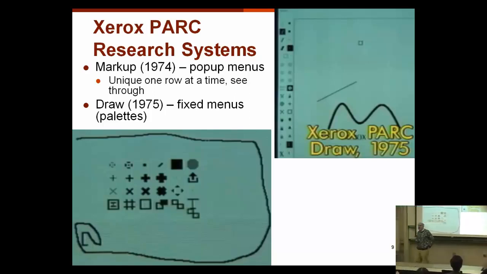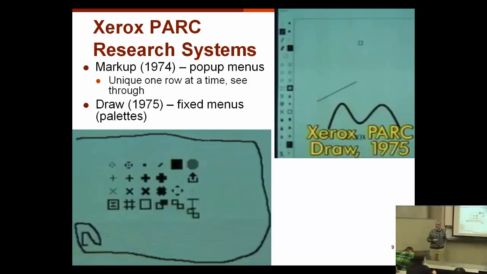And hopefully the item that you wanted was on that row, and if not, then you move up and down to get more rows of content. So you kind of have to fish around to see if you could find the kind of icon you wanted. And if there was some drawing behind, you could see through this menu. So these items were just drawn directly on top of the screen, so you could see through them.